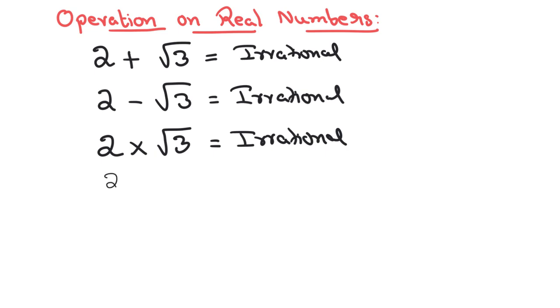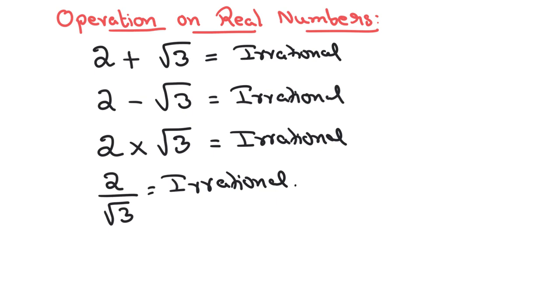Let's take 2, which is a rational number, divided by an irrational number; the quotient will be irrational. So now we know when a rational number is added to or subtracted from an irrational number, or multiplied or divided, the result will be an irrational number.